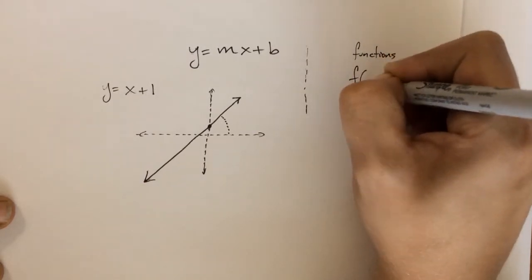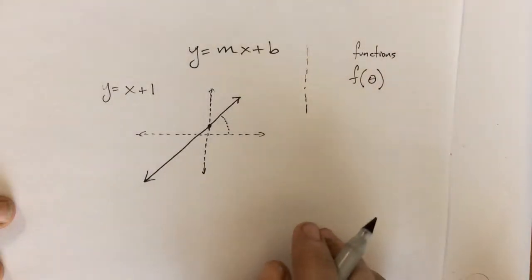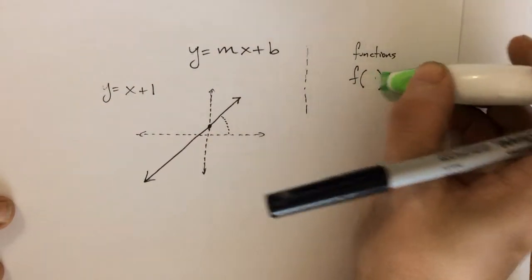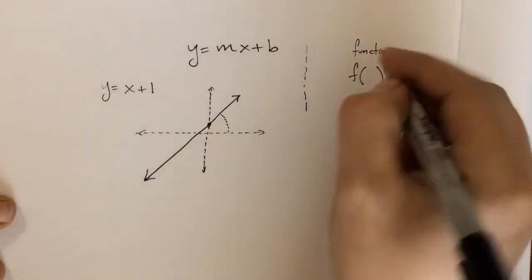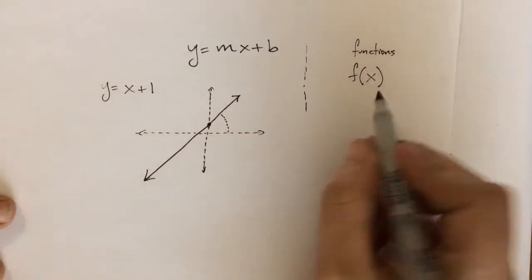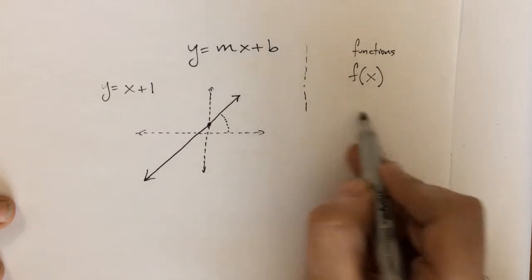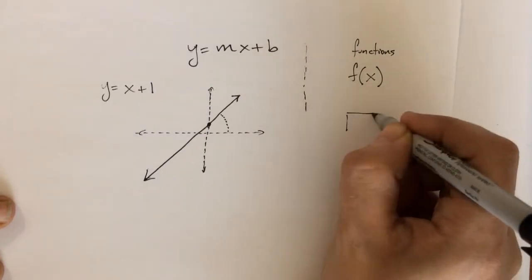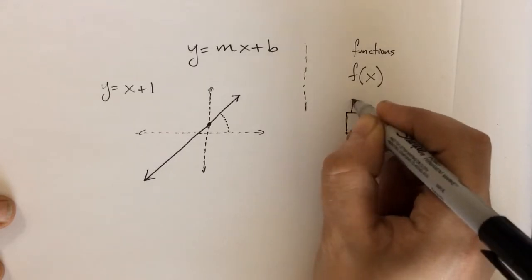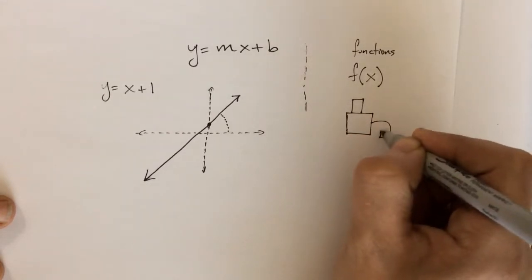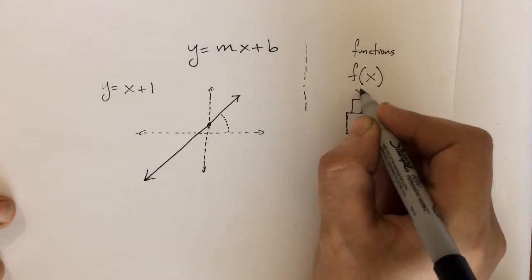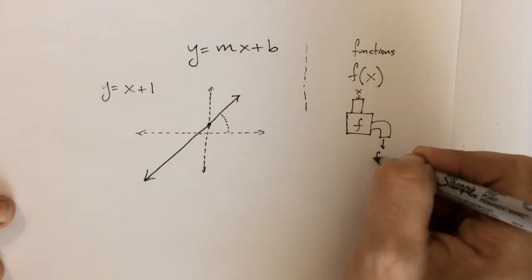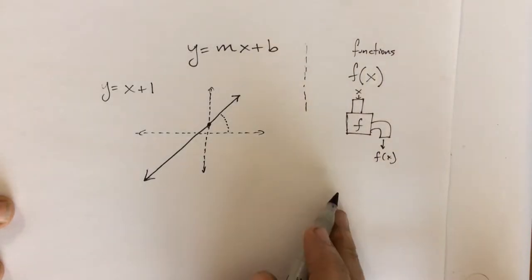We used function notation f of, oops, I'm getting ahead of myself now. f of x. Okay, and this is how we pronounce this little set of symbols here, f of x. In this case, we have a function named f that takes an input called x, and it outputs a value called f of x, right?